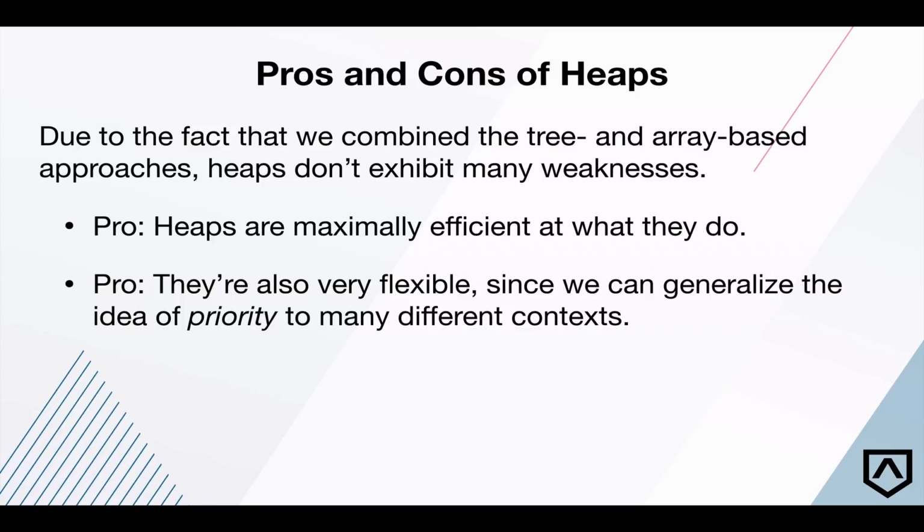Anytime you care about the priority element of some set of elements, given some priority that you define, if you want performance when it comes to fetching that element, heaps are definitely something you should consider heavily. The idea of priority is relatively easy to generalize to a bunch of other definitions of what we mean when we say priority.